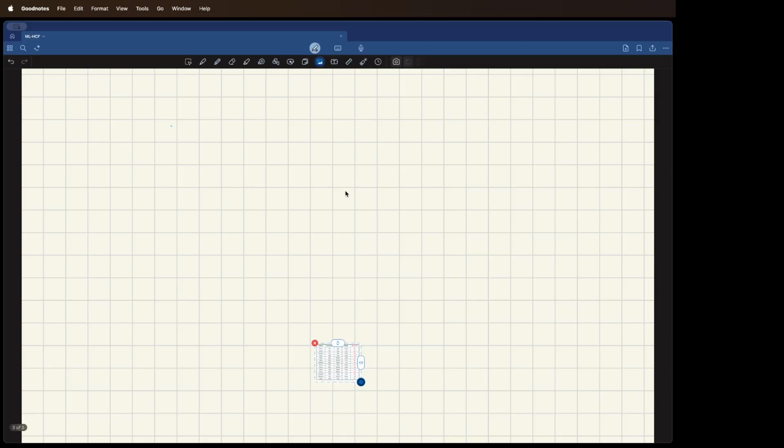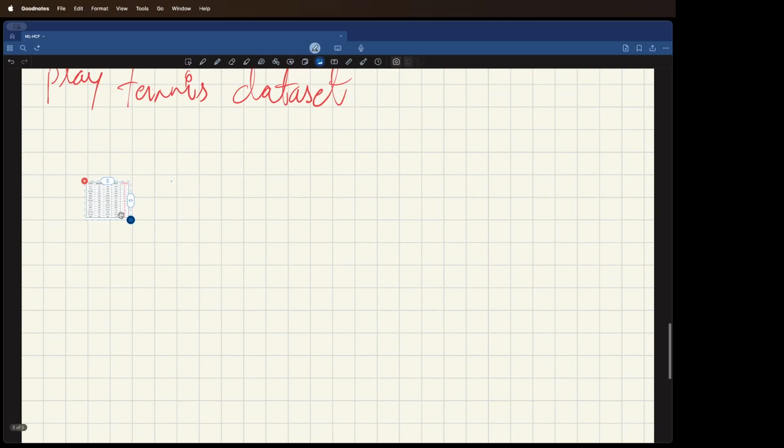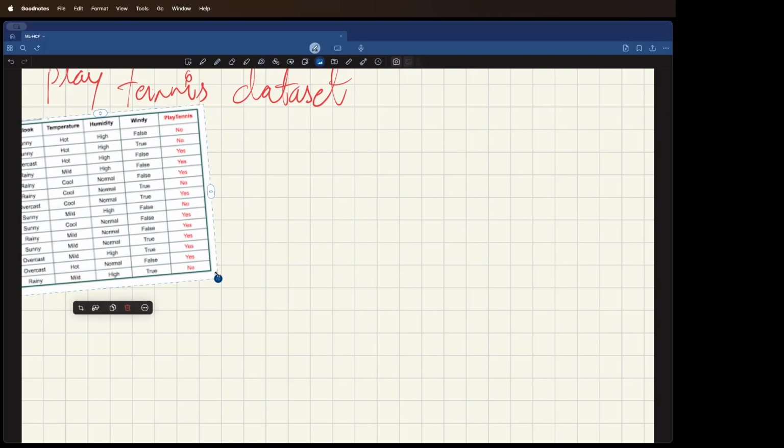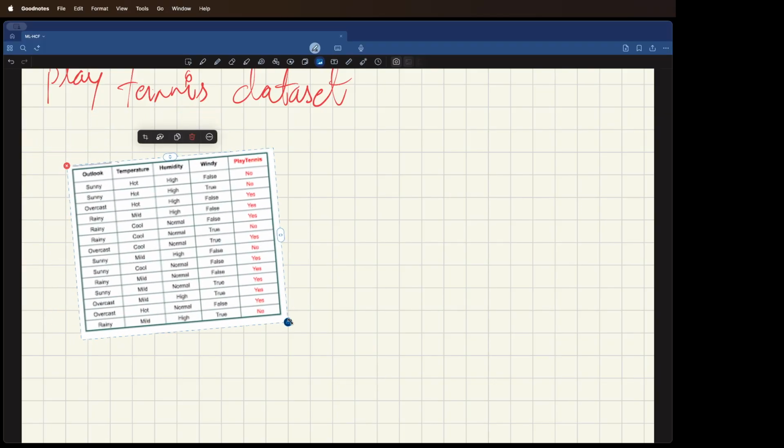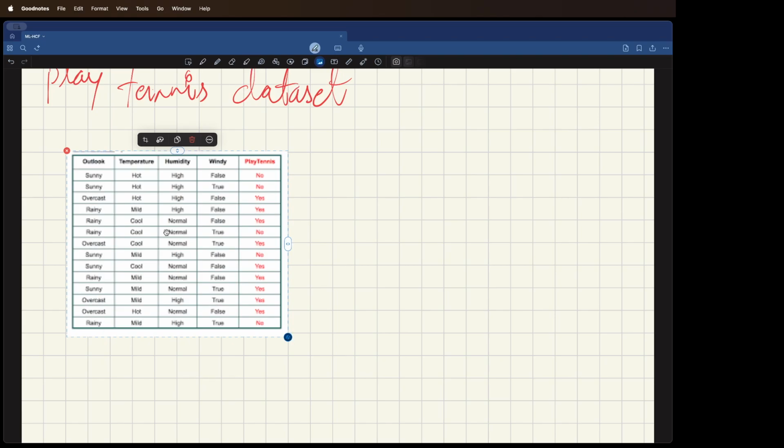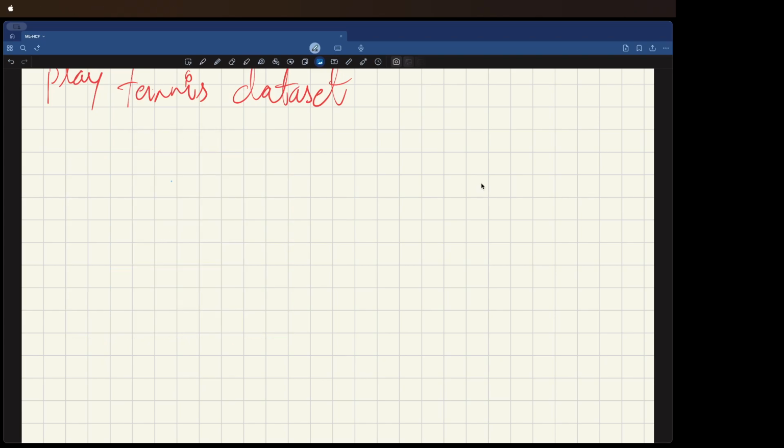Is this visible, guys? This photo. Okay, I thought it was visible, but it is very bad quality. Just a second, I'll open the web page and copy this image now.